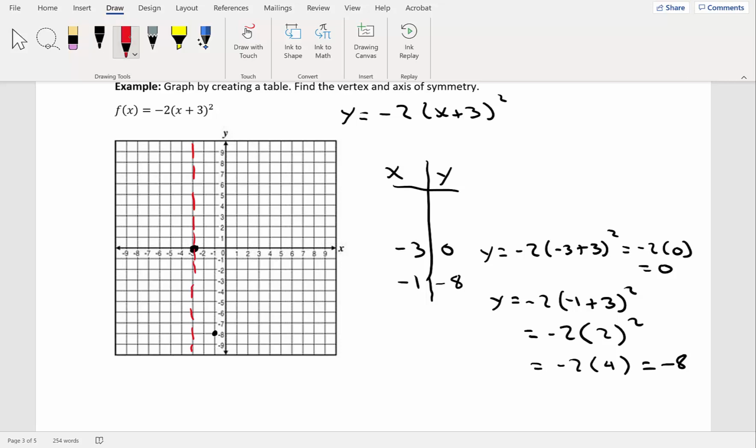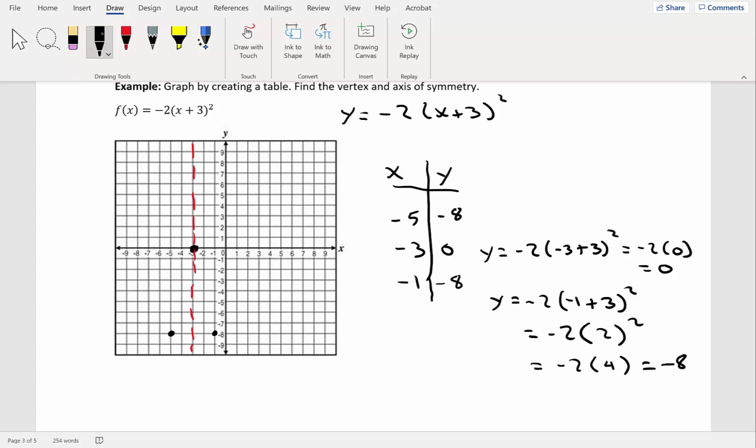And now I can use my axis of symmetry to find one more point. Since this is 2 units away from the vertex, if I go 2 units in the other direction, my y-coordinate should be the same. So that gives me the point negative 5, comma negative 8. So now I have these 3 points.